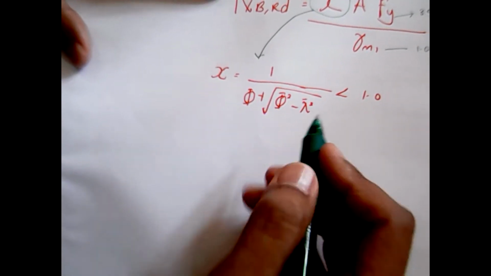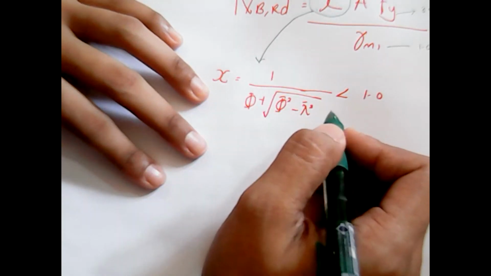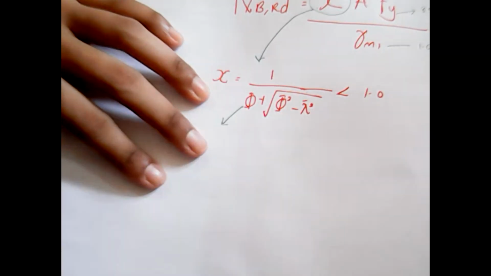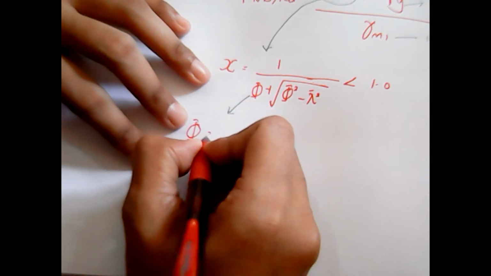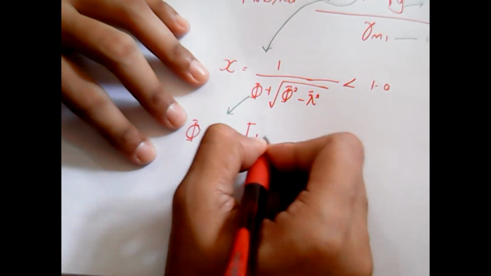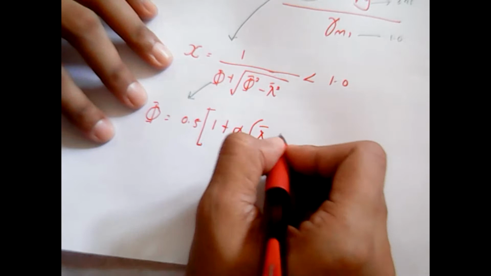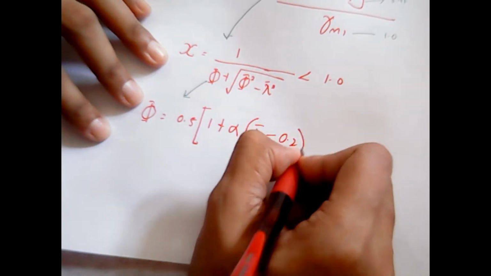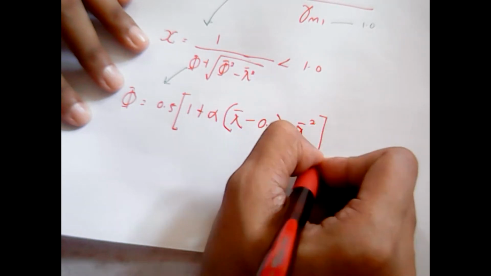For you to get this, you need to find phi, and phi is equivalent to 0.5 times 1 plus alpha times lambda bar minus 0.2 plus lambda bar squared.